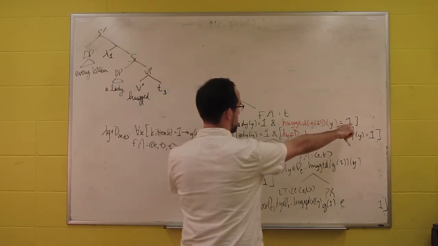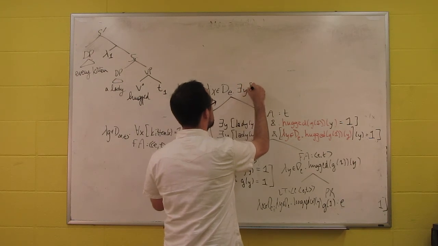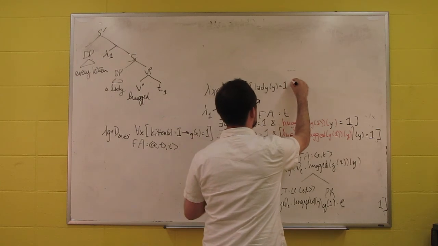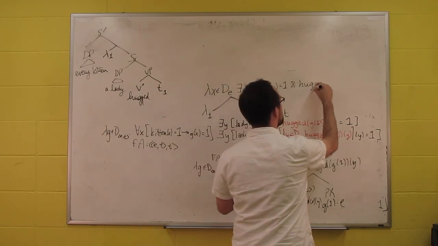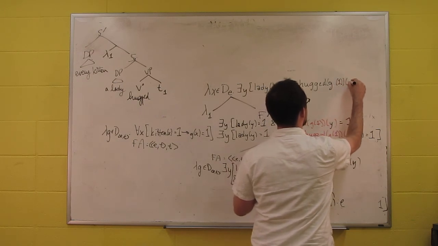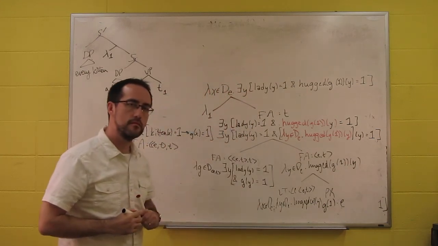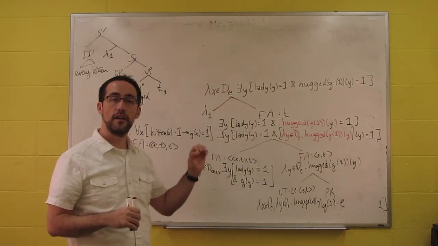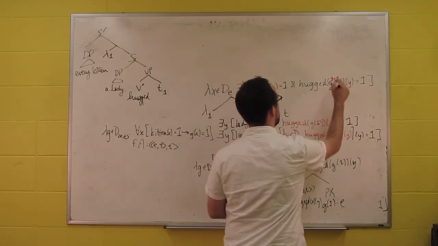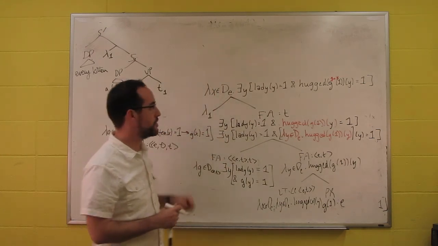You copy the condition, that's step 2. Then you modify the assignment, that's step 3. And remember, you modify it so that this index points to this variable.